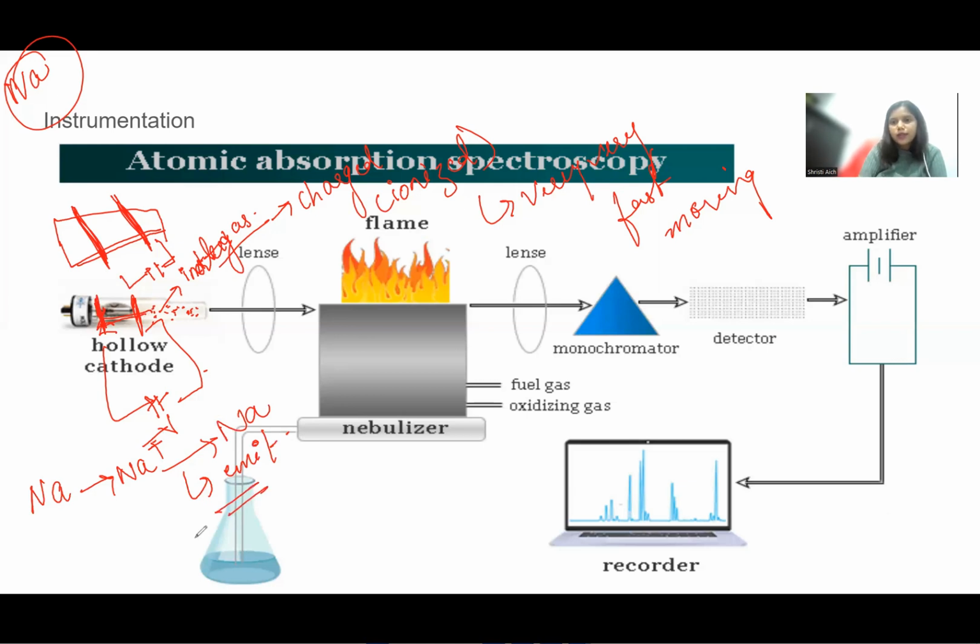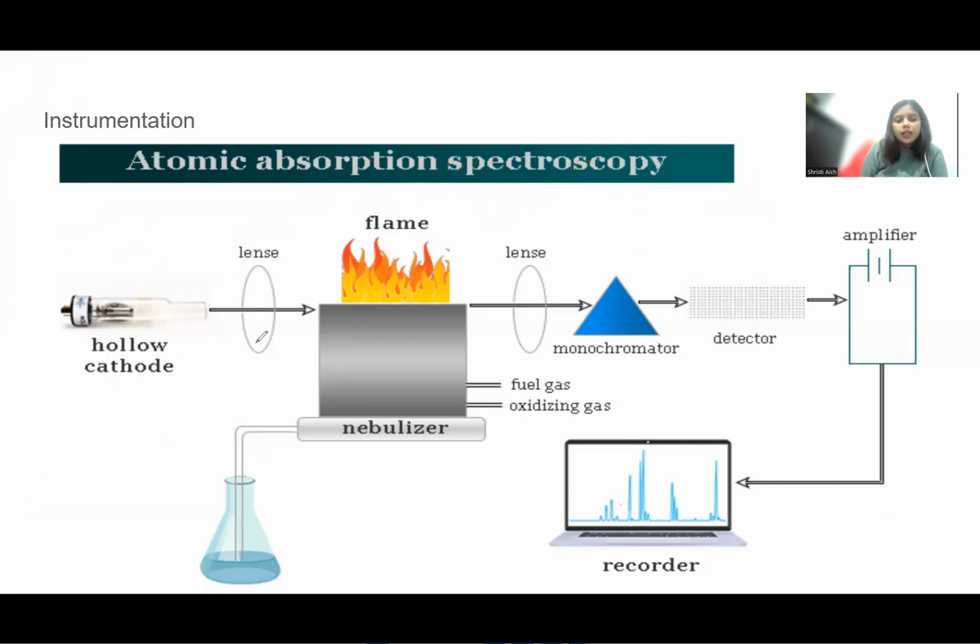Are you understanding my point? Inert gas is there, cathode is there, anode is there. After applying the voltage, the inert gas molecules are going to be ionized. Now these ionized molecules are going to hit the cathode and some atoms of the cathode might get excited and get released. Now I'll make this sodium metal with a different color, then you will understand.